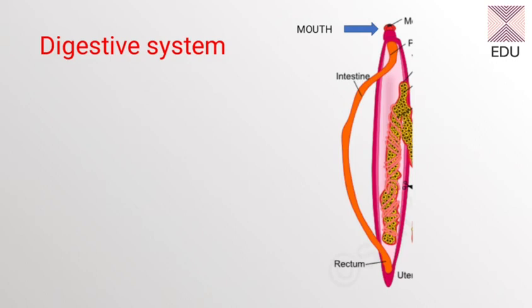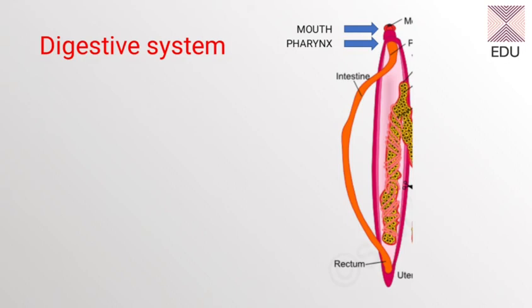Now secondly, we have the pharynx. The mouth opens into the pharynx. This is the second part. It is a very short part of the alimentary canal. It is cylindrical, somewhat thick walled, and muscular also.